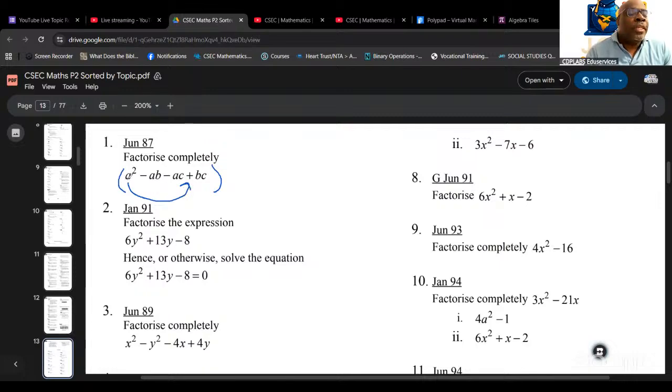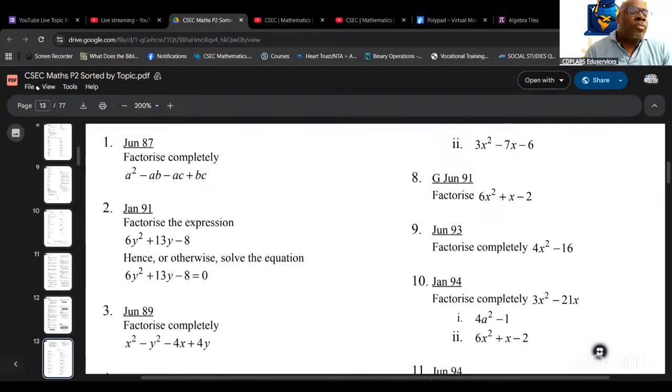You can group A square with AB. Or you can group AB with BC. Or you can group AC with BC. It doesn't matter how you group it, as long as they both have something common. You could experiment if you wish, but let's keep it simple.